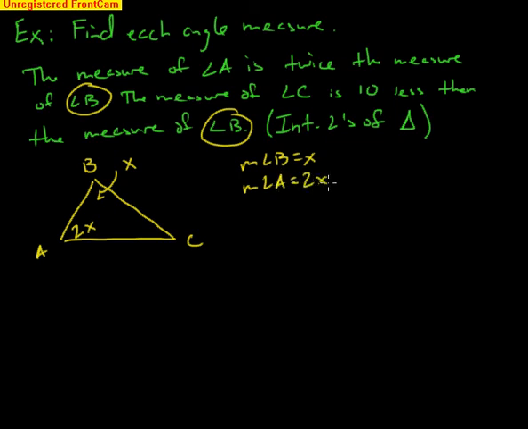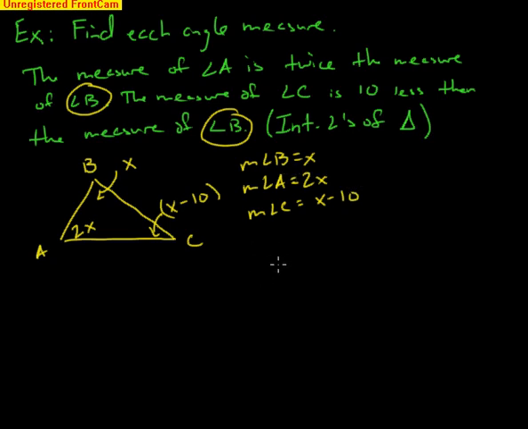If angle B is x, twice angle B is 2x. And then angle C is 10 less than the measure of angle B. 10 less is one of those backwards subtractions. x minus 10. So the measure of angle C equals x minus 10.